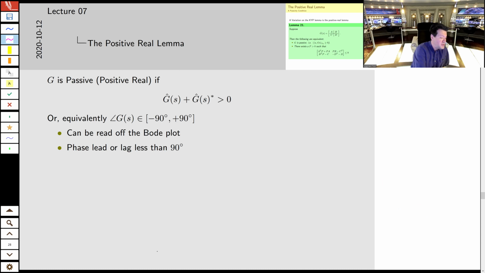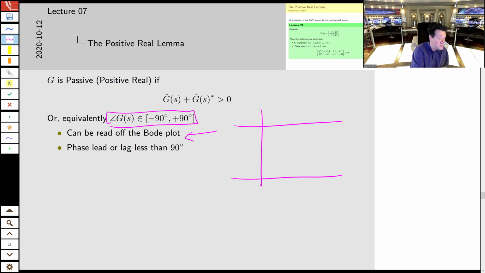Another convenient point, which I didn't mention, is that you can also read this information off of the Bode plot. The phase between your inputs and outputs is represented in the Bode plot. Before we talked about the magnitude as the H infinity norm; here we're talking about passivity as the phase. Remember, the Bode plot is the phase of g of i omega and the magnitude of g of i omega as a function of frequency.